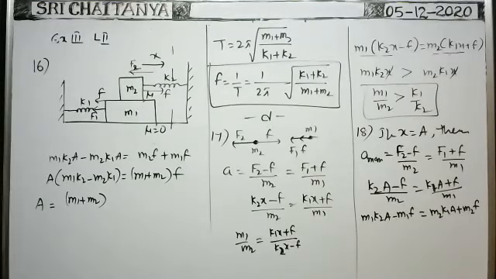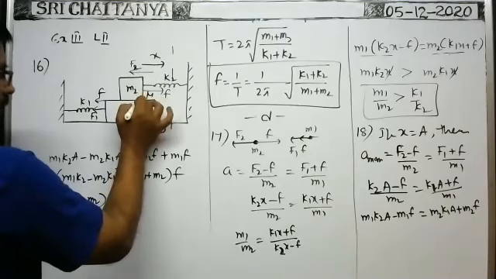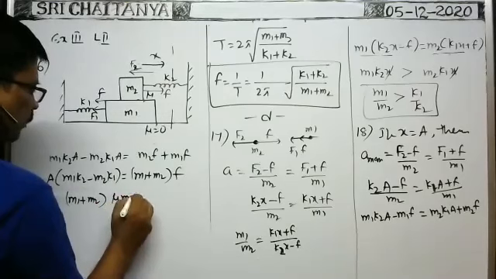Mu mg means, is it mu m1 g or m2 g? Of course you know mu mg, but I am asking, is it m2 g or m1 g? M2. Very good, because here the normal reaction we have to write is mu into normal reaction m2 g.